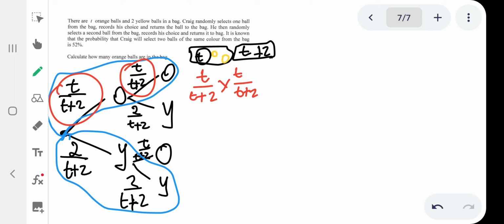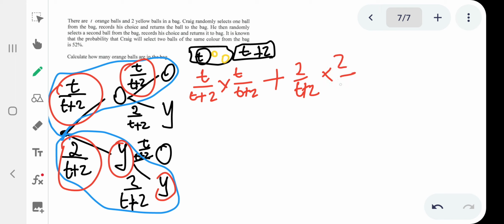And another possible way is that you can get a yellow and a yellow, and the probability is 2 over t plus 2, times 2 over t plus 2, and it tells you that the total probability is equal to 52%, which is 52 over 100, right?